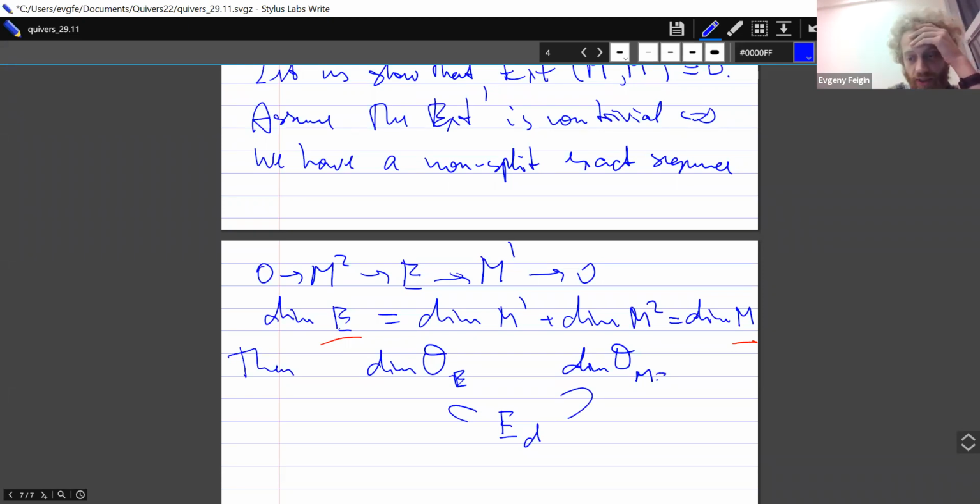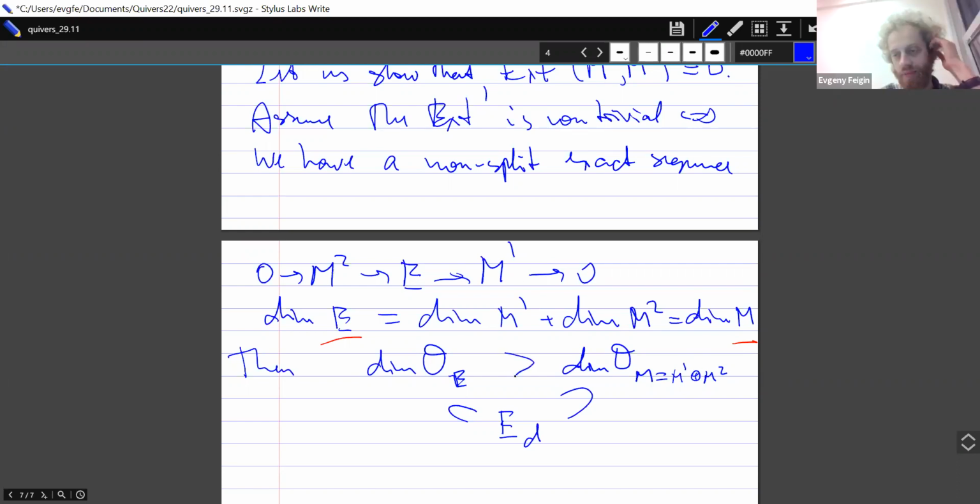Remember, this M is M1 plus M2. One of them is the direct sum of two indecomposable summands, M1 and M2, and another is the middle term in a non-split short exact sequence containing M1 and M2. The dimension of O_E should be greater.